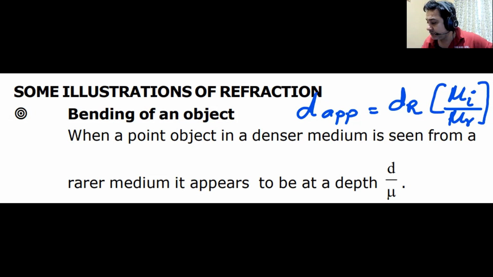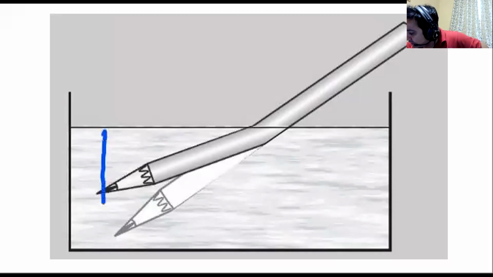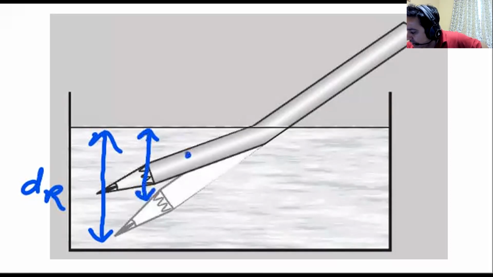And again, I'm showing you the diagram from your sheet where you can see the object being bent. This is how the object is bent. As you can see, this depth is the real depth, and this depth, what you see, is the apparent depth.